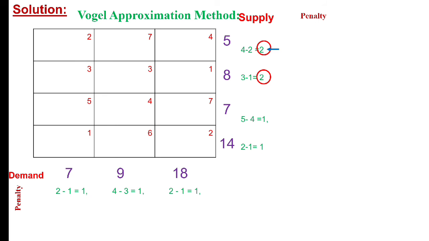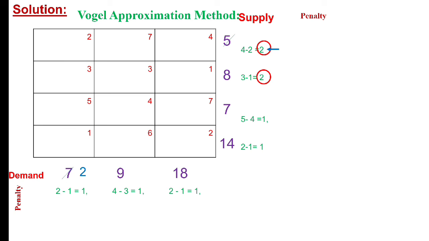This is the first value we need to follow. Then similarly, column wise we need to find out. 3 minus 1, 2, 4 minus 3, 1, 2 minus 1, 1. So we found that the maximum is 2 row wise, and column wise also 2.